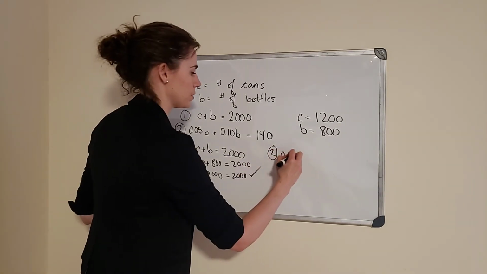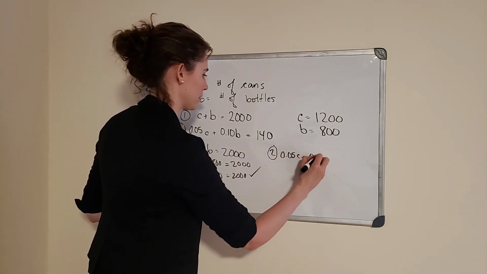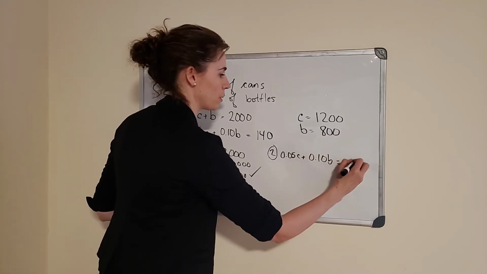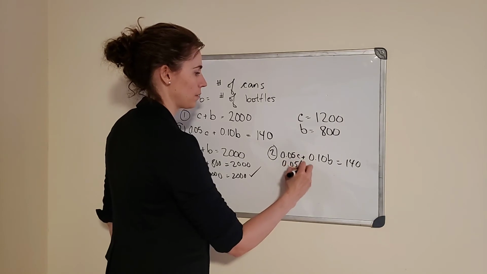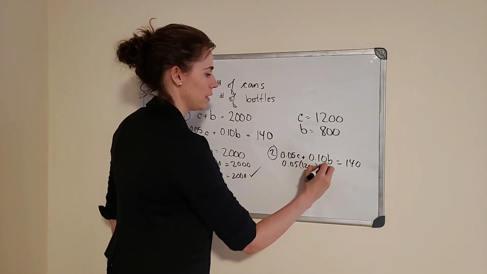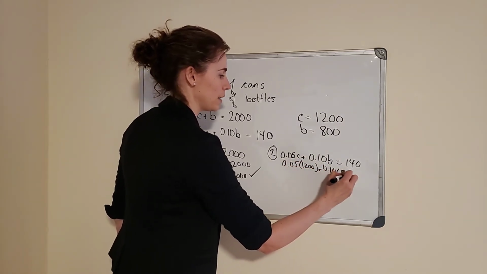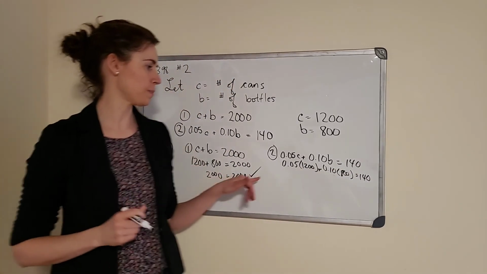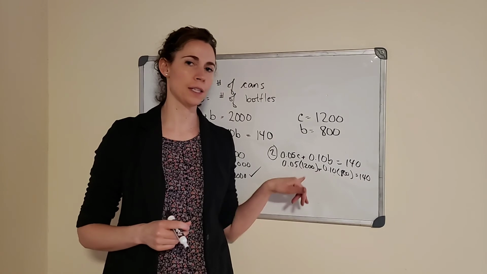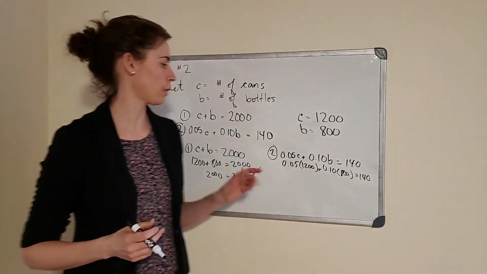So 0.05 cans plus 0.10 bottles is $140. All right, let's see. I'm going to write my cans, 1,200, plus 0.10 bottles, 800, equals $140. Now when you're doing equations, I'll just mention, you don't need to put in dollar signs and cents. You do that in your sentence at the end, okay?